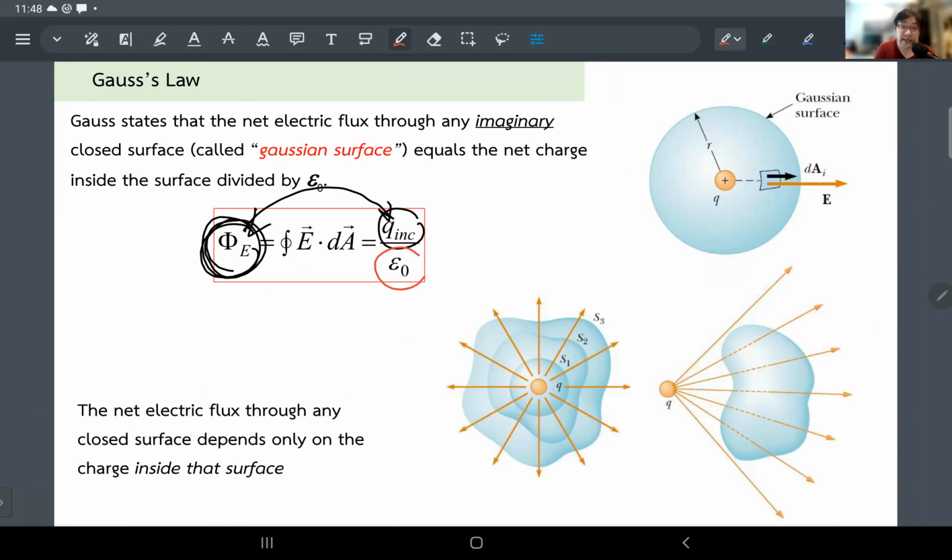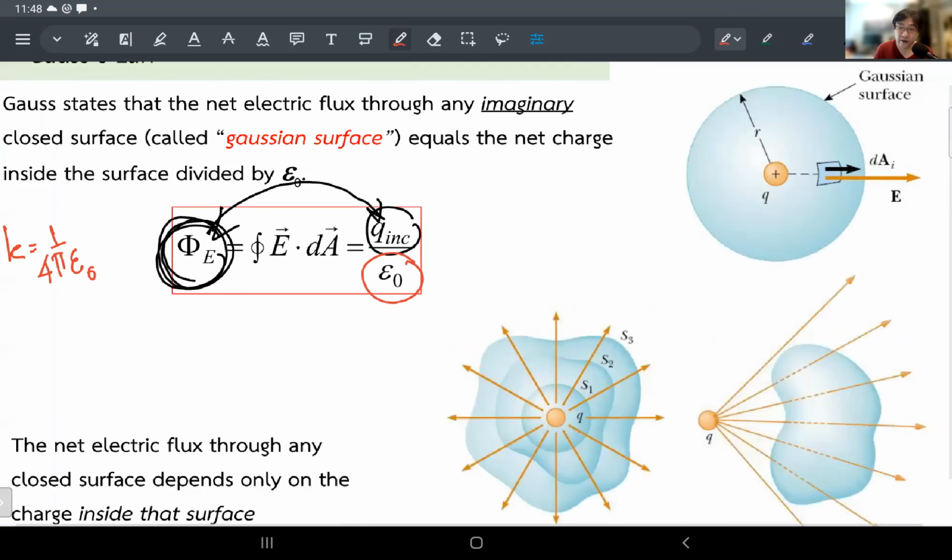That constant is epsilon naught, right here. Back in the day of Coulomb's law, I noted briefly that k can be written as 1 over 4 pi epsilon naught. That epsilon naught just shows up right here. Now you can see that's the simple idea of Gauss's law.